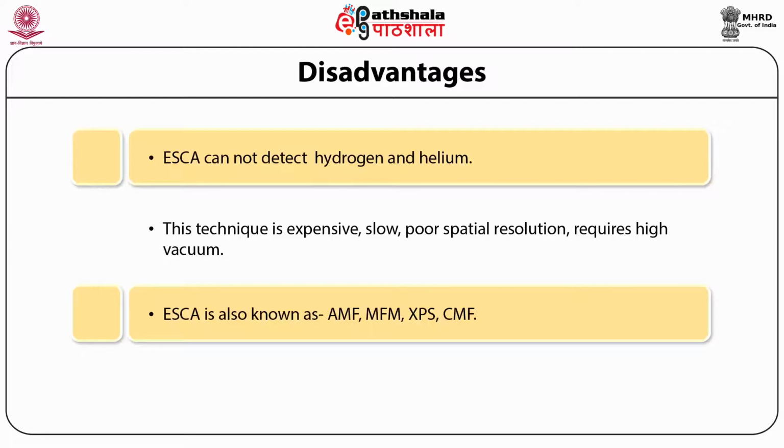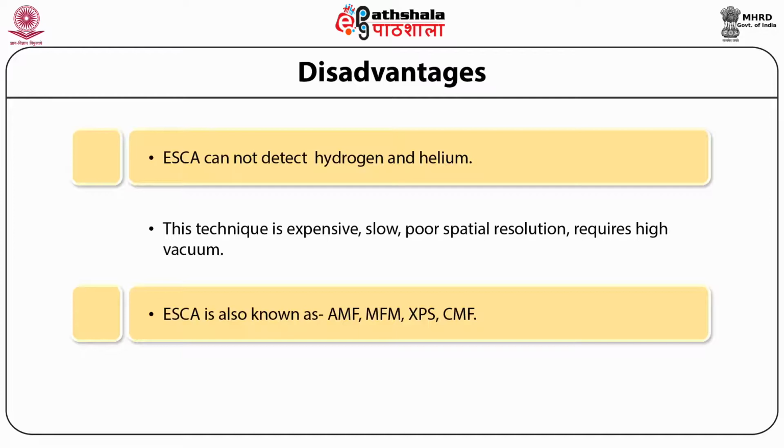Now this can definitely tell us about the approximate strength or thickness of the adsorbed layer, but a precise measurement of thickness cannot be estimated. And the other disadvantage is that this is a destructive technique. Whatever sample we use at the surface does not stay intact.